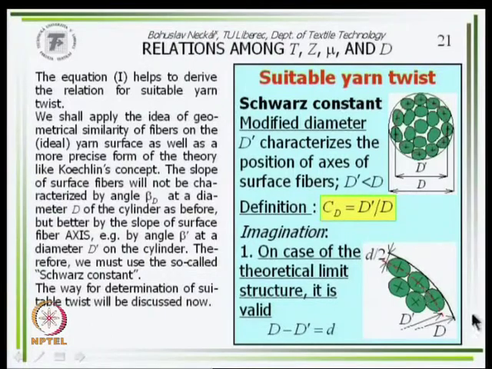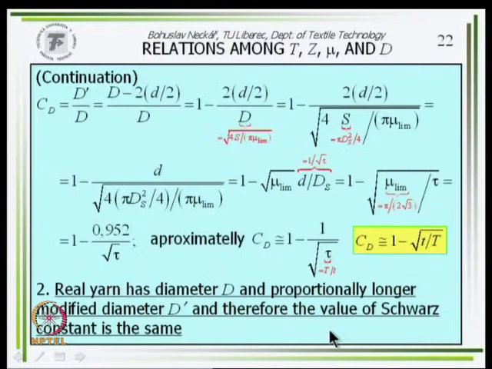On the other side too, so both together, d minus d dash is d. CD is d dash by d, so it is this here. Then it is this here, using in the place of d 4 times s by pi mu. Mu limit, now we speak about the hypothetical yarn having a limit value of packing density.